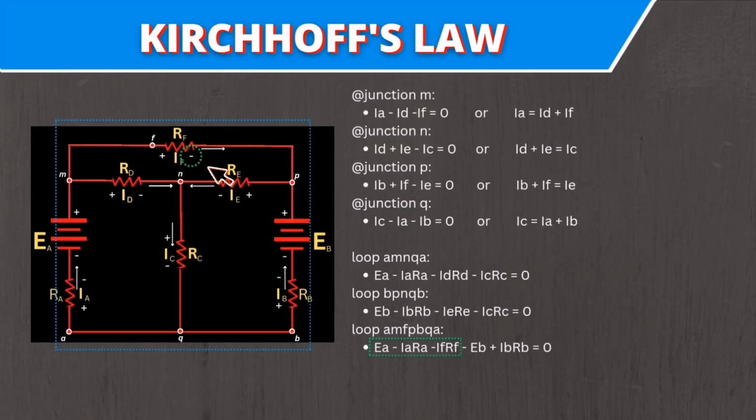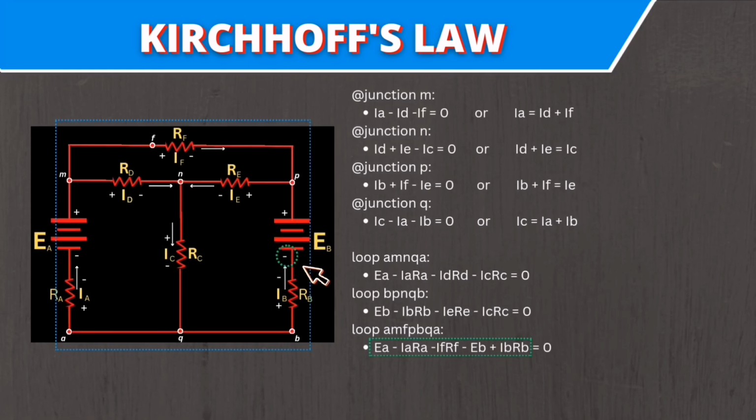Same also with I sub f times R sub f, the polarity is also negative since ending polarity is also negative. So it will be written as negative I sub f times R sub f. But for I sub b times R sub b, which ending polarity is positive, so it will be written as positive I sub b times R sub b.